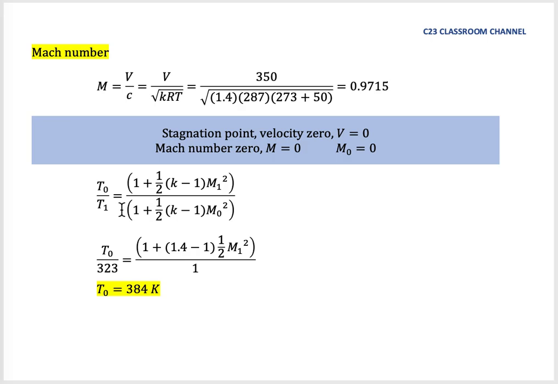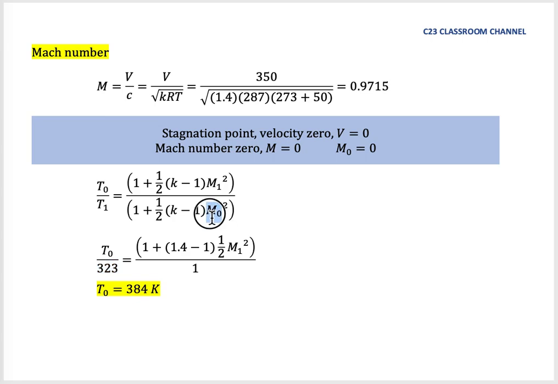Because we have two temperatures, we need to calculate the stagnation temperature, so we use the isentropic flow equation for the temperature ratio. From this equation, we could substitute all the values. We assume that T2 is equal to the stagnation temperature. T1 can be substituted with 323 as stated in the question.